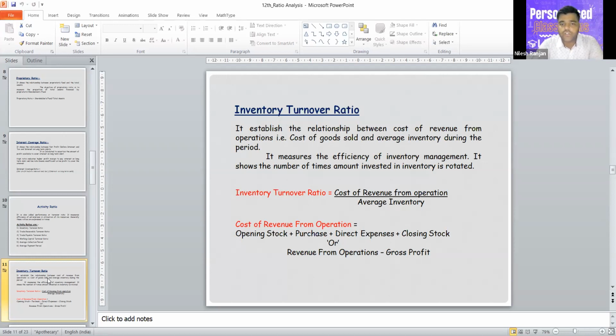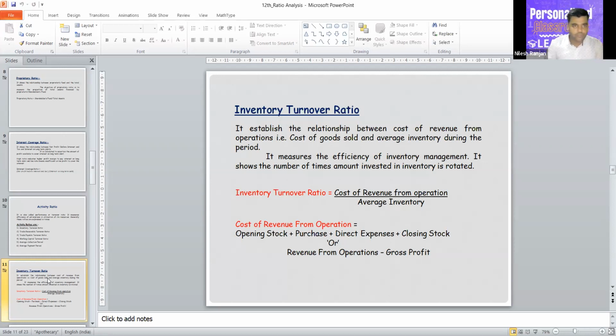So inventory turnover ratio measures the efficiency of inventory management. It shows the number of times amount invested in inventory is rotated. Means we can convert our inventory into cost of goods sold. So the formula is cost of revenue from operation divided by average inventory, and cost of revenue from operation equals opening stock plus purchase plus direct expenses.